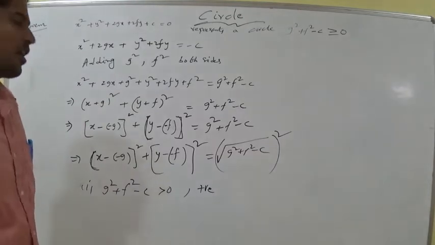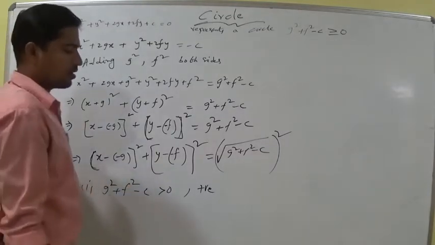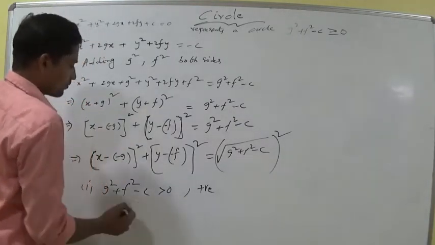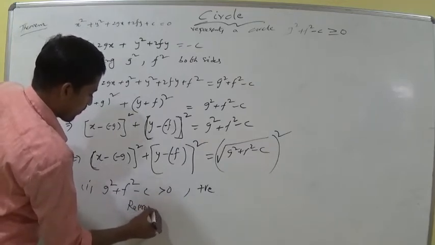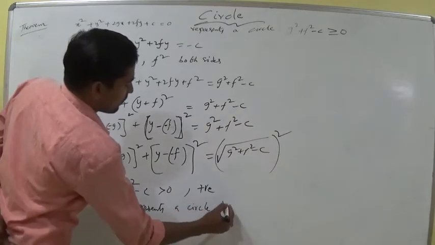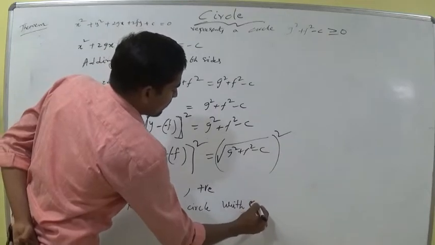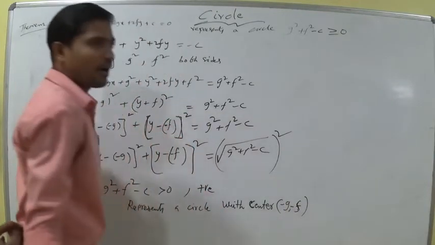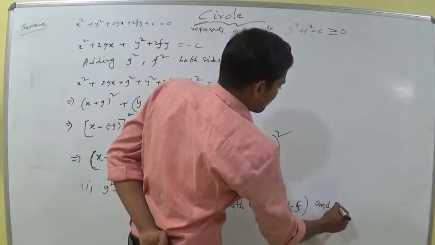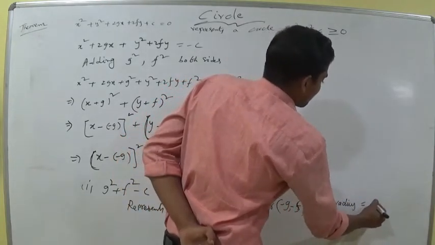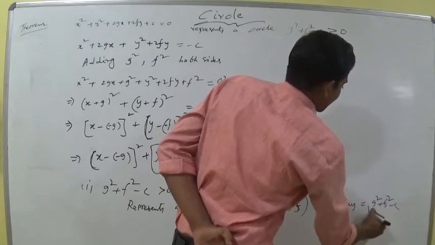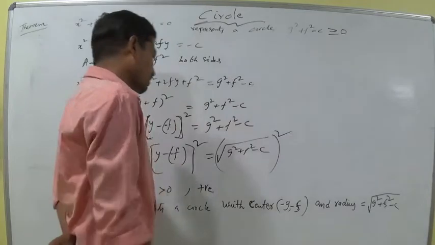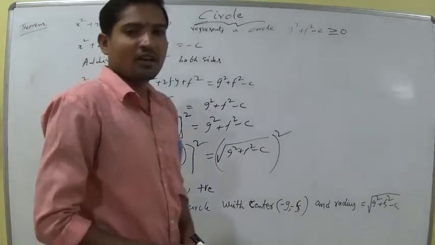That means it represents a circle with center minus g comma minus f and radius equal to the square root of g square plus f square minus c, when g square plus f square minus c is greater than 0.